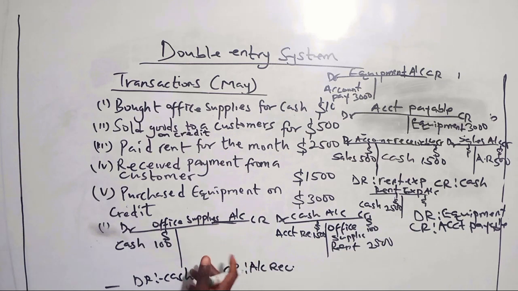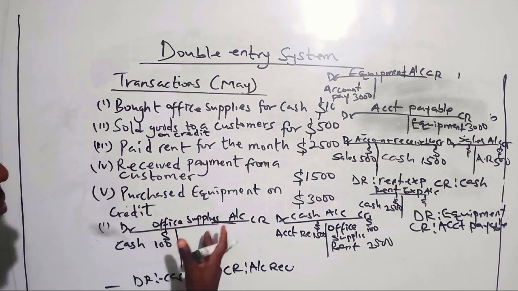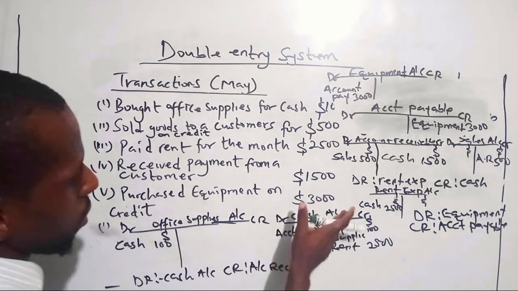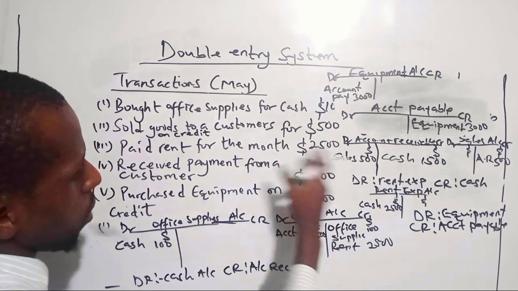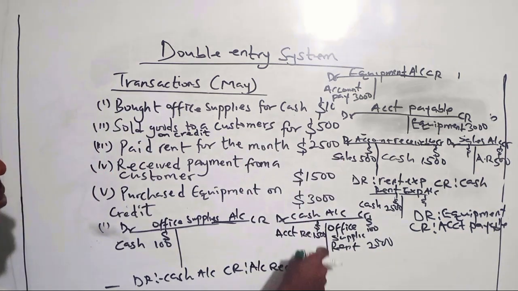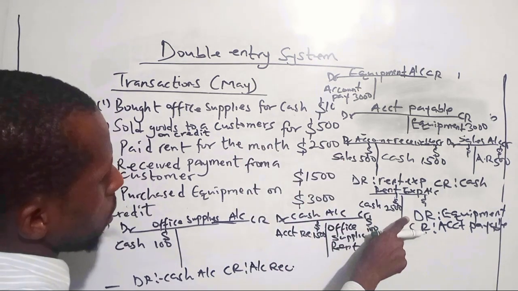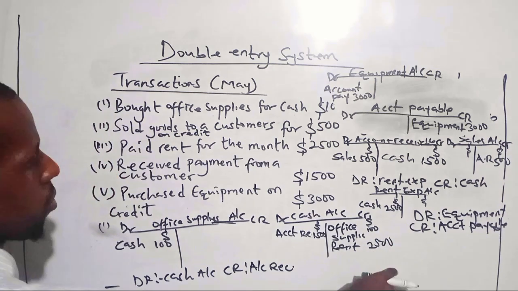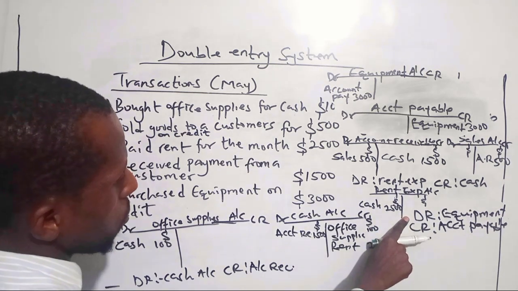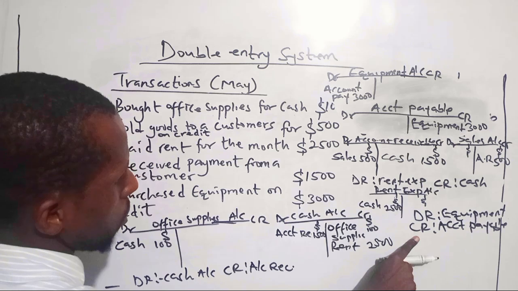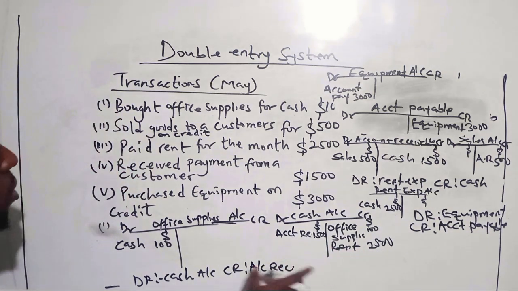So the double entry system is a method of accounting that records each transaction both as a debit and as a credit. The accounts must pass through debit and credit. We have a debit entry for every transaction and a credit entry for every transaction. Thank you very much.